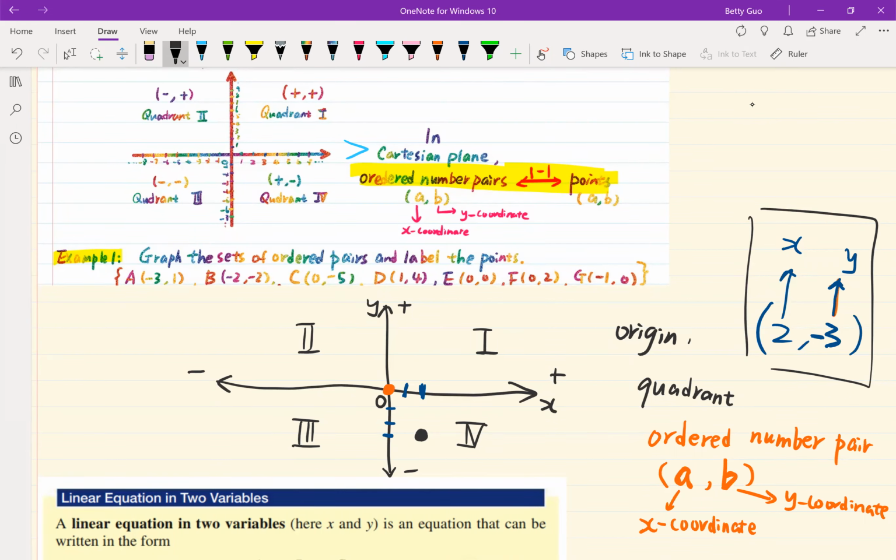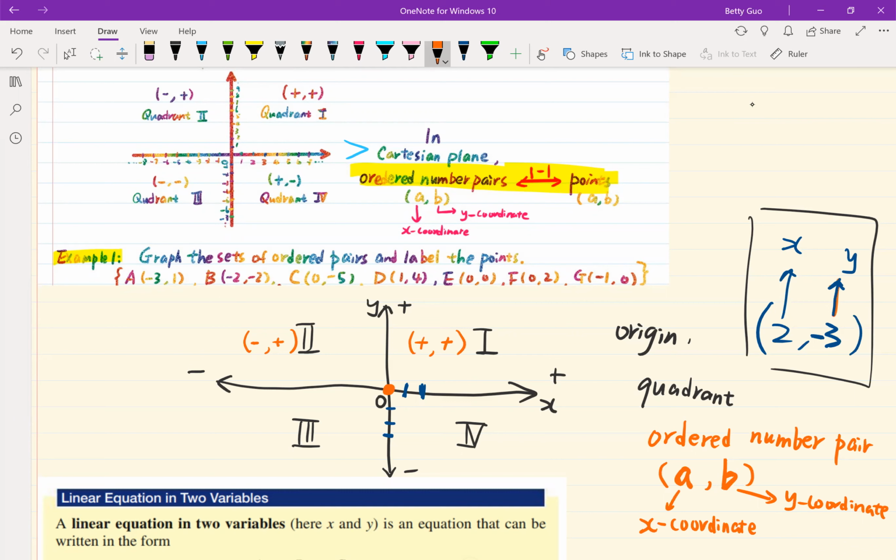There is a rule or pattern. Any point in quadrant 1 has both x-coordinate and y-coordinate positive. And any point in quadrant 2 always has a negative x-coordinate, positive y-coordinate.